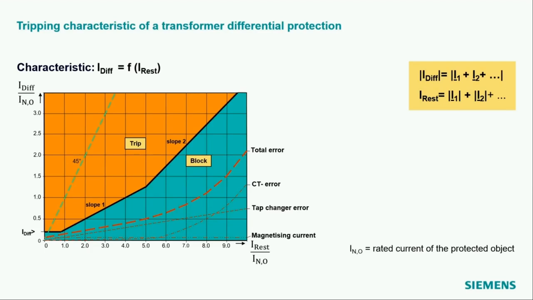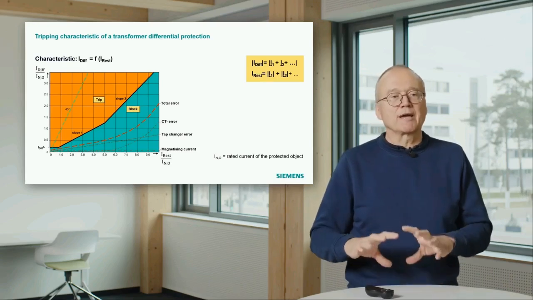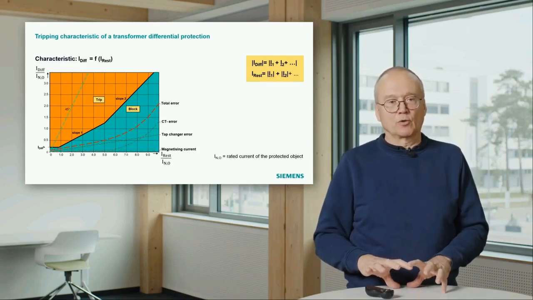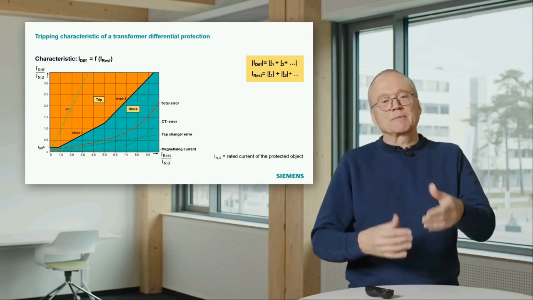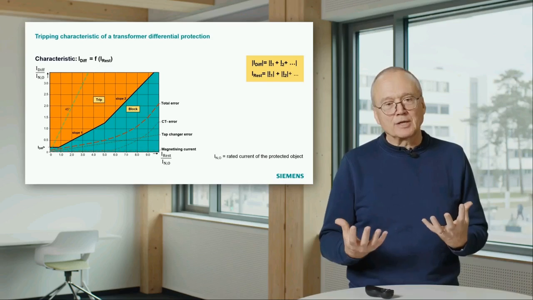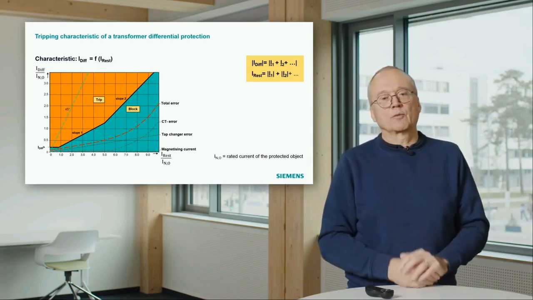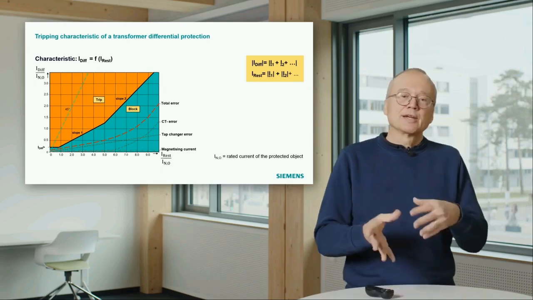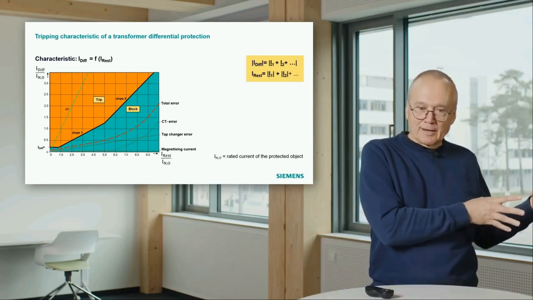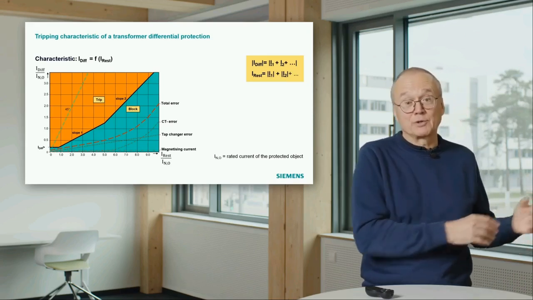This characteristic has to be adjusted again based on the estimation of errors we have if we have no fault in the transformer. In the traditional concept, you do it a little bit in an indirect way, but the way of thinking is the same. You have error coming from the magnetizing current. It's similar to differential current resulting from line capacities for line protection.